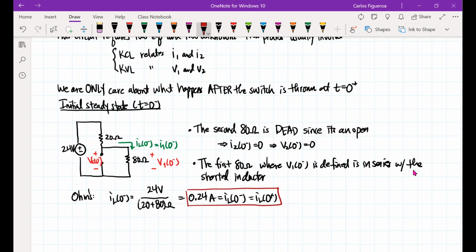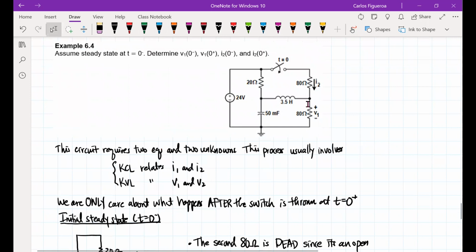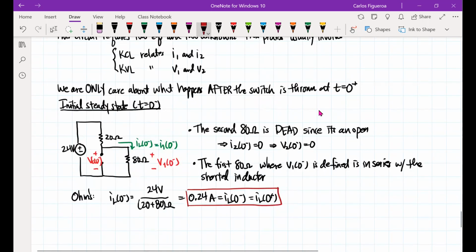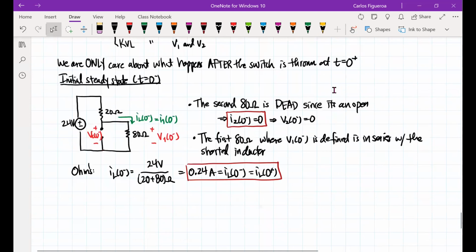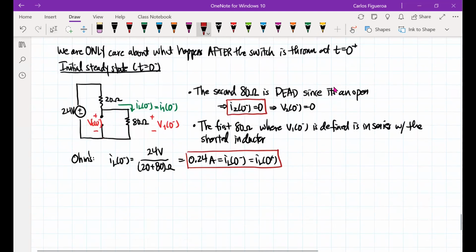Now, if you look over here, we were looking for that current I2. Immediately we see that this current is 0. The next thing I've got to look at is that voltage V1. When you look at that, note that the open is in parallel to the 80 ohm.